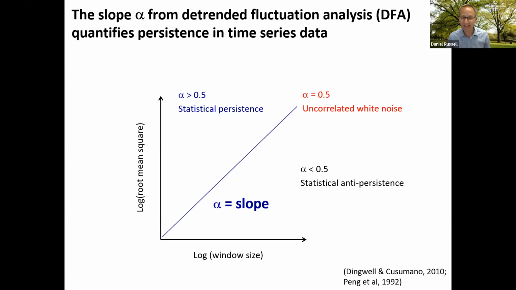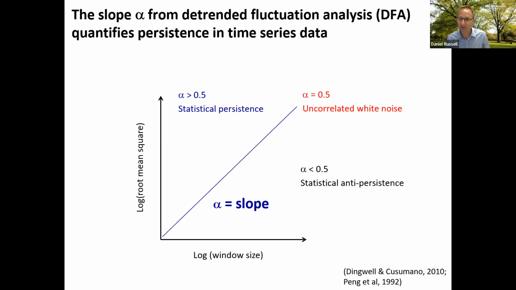If you get an alpha that's less than that, you have what's called statistical anti-persistence. You can think of this as a long stride time followed by a short stride time followed by a long. If you go above 0.5 alpha, you get what's called statistical persistence.